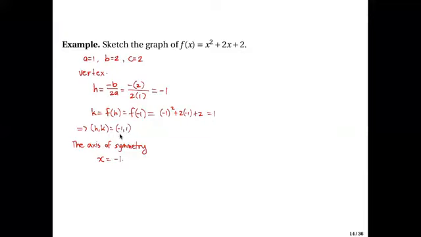And since your a equals 1, which is greater than 0, the parabola opens upwards.